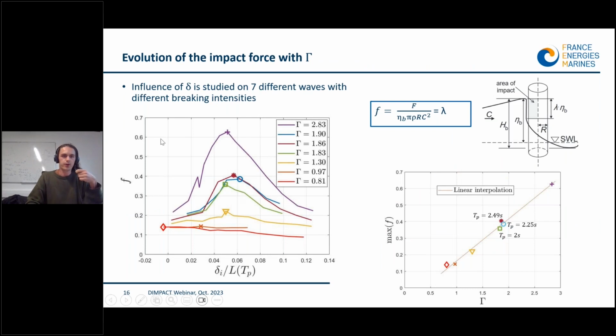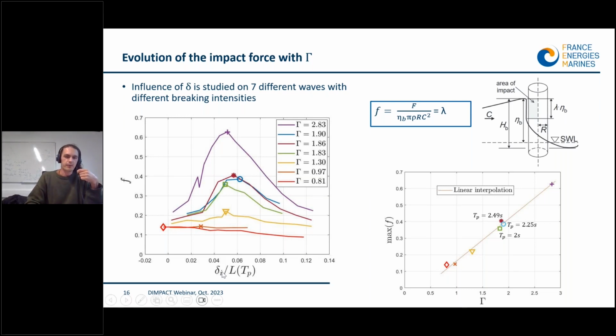Now, if we non-dimensionalize the previous results, we obtain this kind of curve. F is non-dimensionalized using slamming formulas that were already developed. Basically, the gamma here corresponds to the curling factor, which is actually the height of the breaking wave which is considered as breaking.